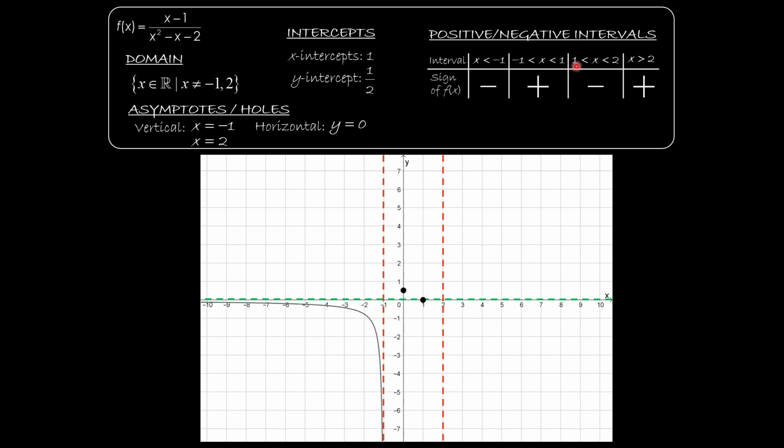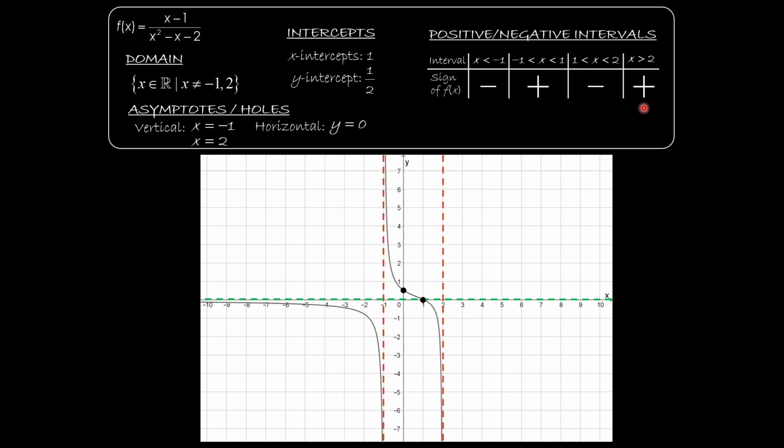But then from 1 to 2, our graph goes negative. So from 1 to 2, for the x values, our graph will go negative, but it still has to follow that asymptote, so it'll end up looking like that. So the curve that we get looks like this: positive from -1 up until 1, follows the asymptote here, and then negative from 1 to 2.